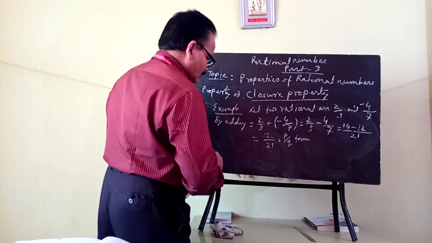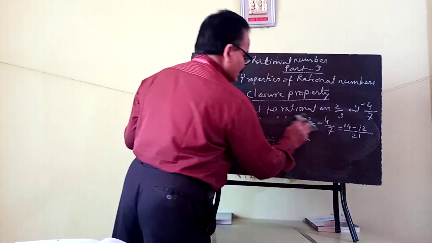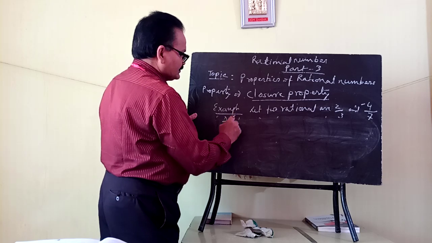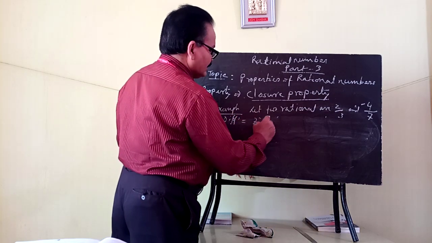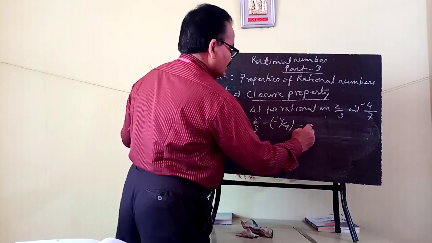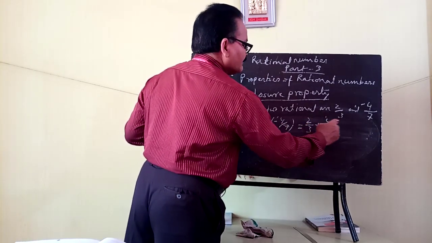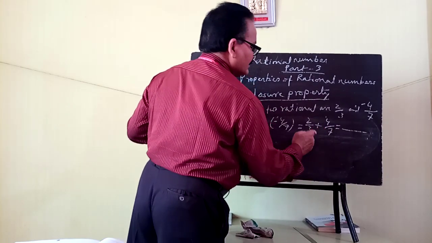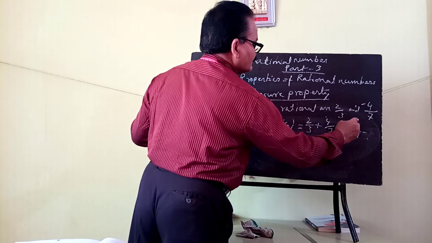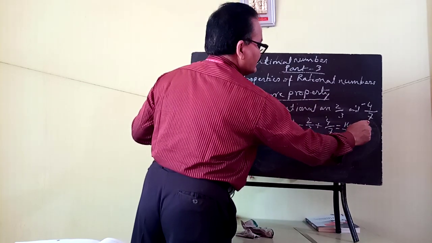For subtraction also it holds true. Okay, should I remove it? The same example, if you subtract, then you can say difference. Difference between 2 by 3 minus of minus 4 by 7. What will happen? You write 2 by 3, open the bracket, then minus and minus become plus 4 by 7. The LCM is 21. 3 7s are 21, then 2 into 7 is 14, plus 7 3s are 21, 3 into 4 is 12.